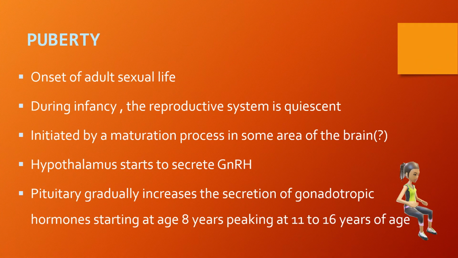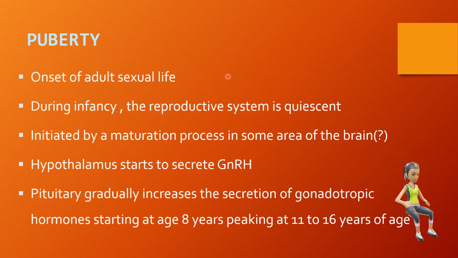Now let's talk about puberty. Okay. Puberty is the onset of adult sexual life. During infancy, the reproductive system is quiescent. Then later on, it is initiated by a maturation process in some areas of the brain.